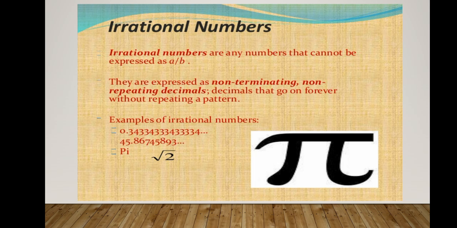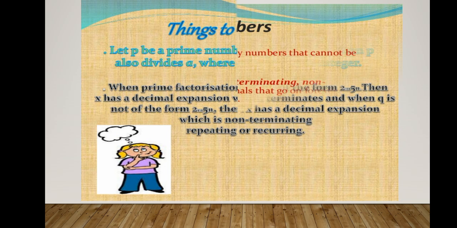Examples of irrational numbers may be 0.434334333433334, 45.8645, whatever is given on the screen. Pi is also irrational. Root 2, root 3, root 7, root 5 are also examples of irrational numbers.